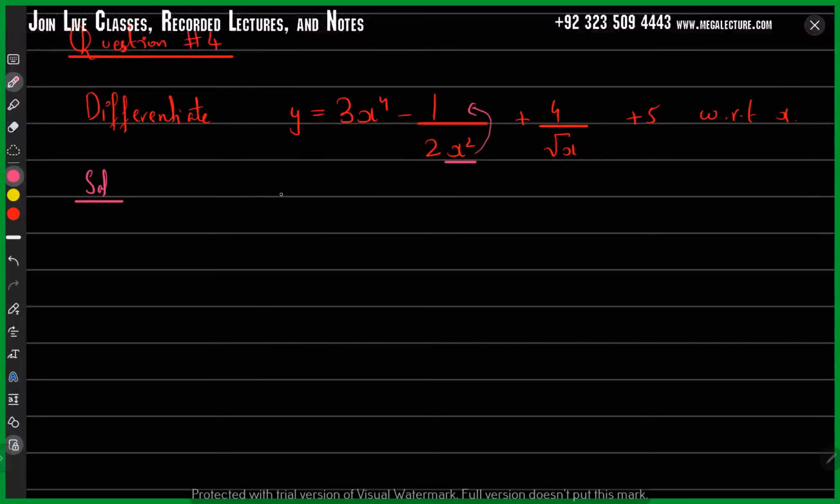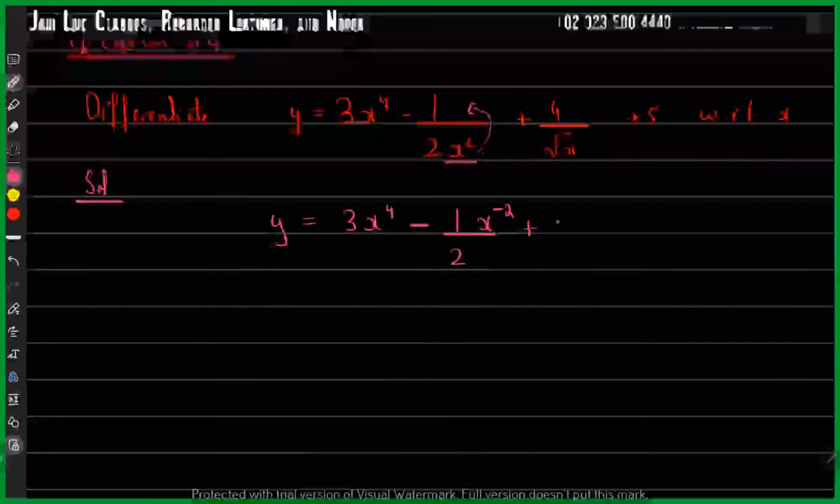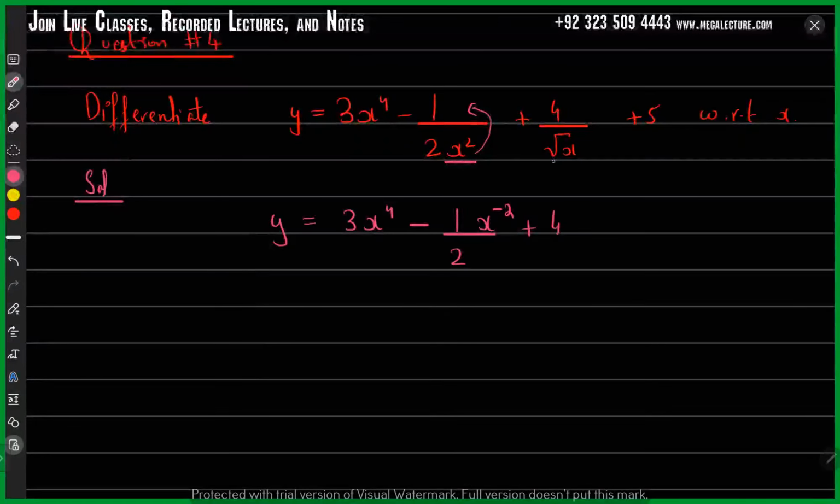I'll write it as y equals 3x to the power 4 would come as it is, minus 1 divided by 2 would come as it is. When I take this x squared from denominator to numerator, this would become x power minus 2. Very good. Then I have plus 4, and this basically is x to the power 1 by 2.